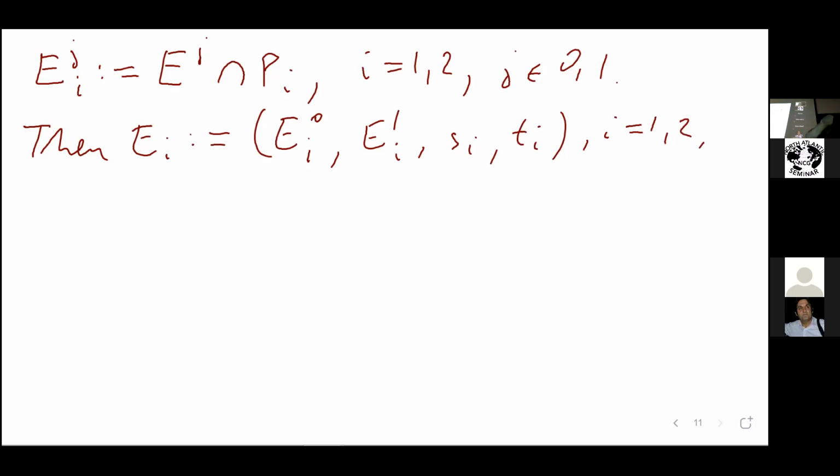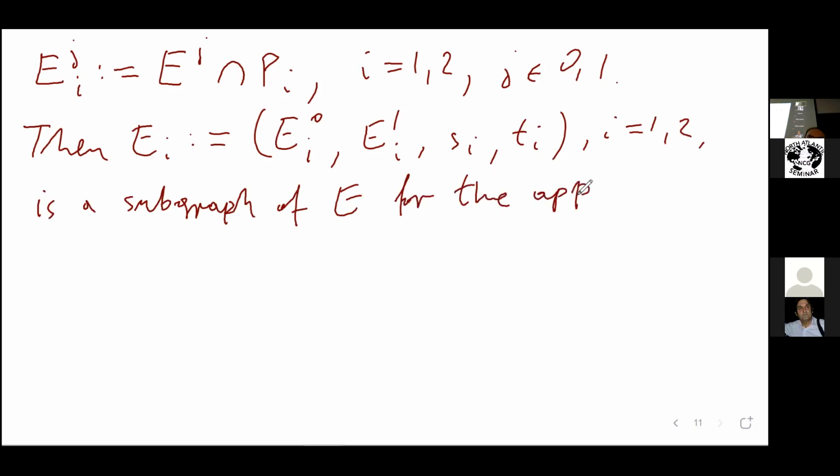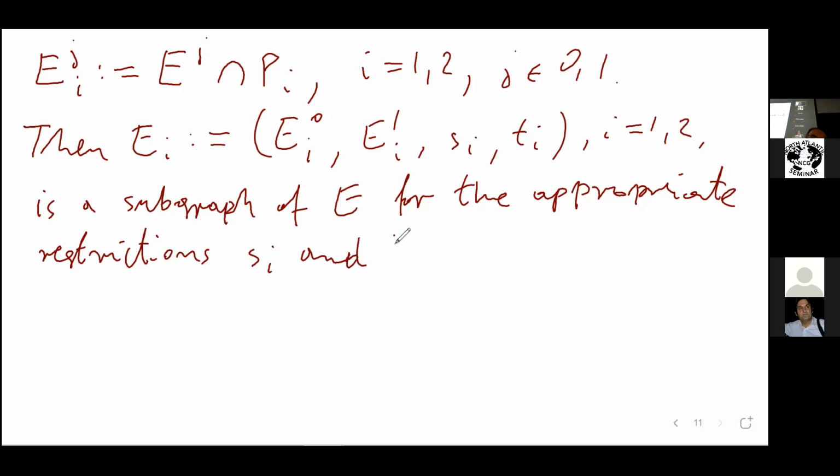Okay, E_i is a subgraph of E, for the appropriate restrictions S_i and T_i of S and T, respectively.